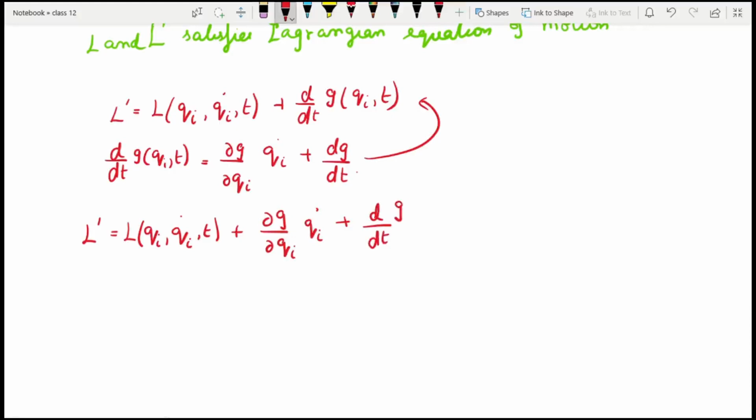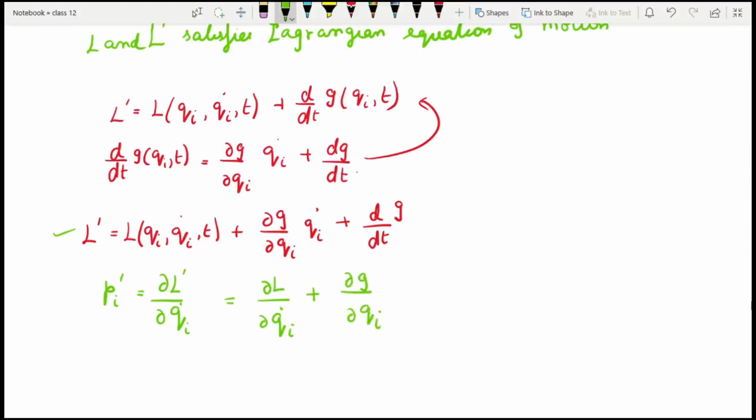Now we will find the value of pi prime, that is dou L prime divided by dou q dot. So this is the Lagrangian. We will find the partial derivative with respect to qi dot. That will be equal to dou L divided by dou qi dot plus dou g divided by dou qi.